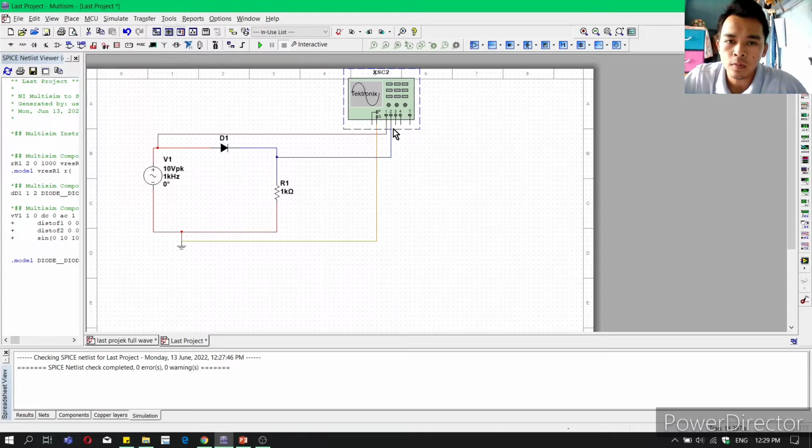For channel 2, for the output signal, I connect the wire between the diode and resistor. And lastly, I connect the ground to the terminal ground.